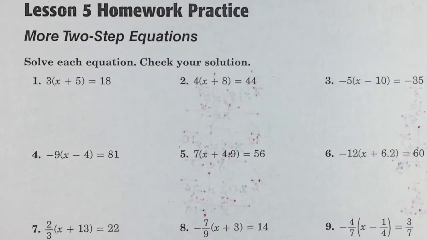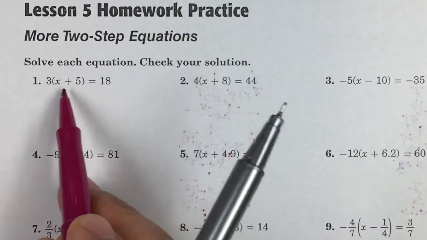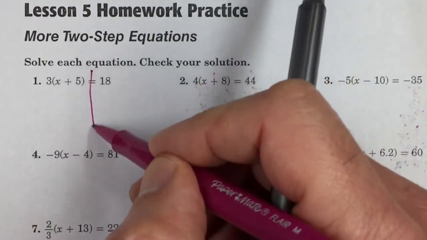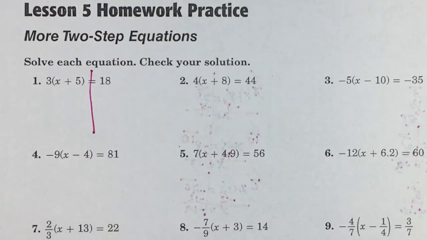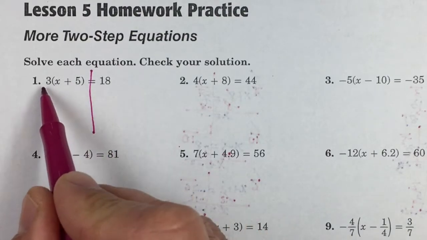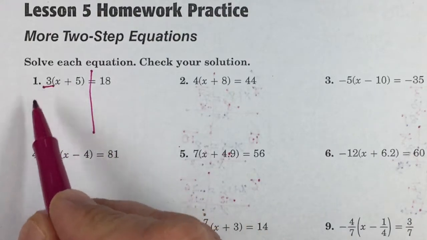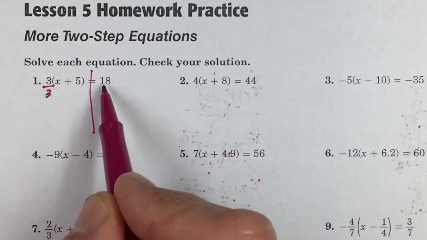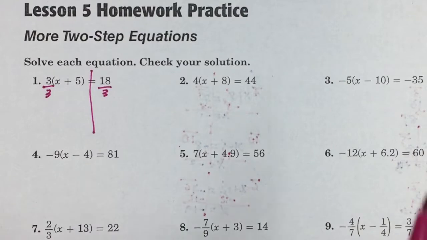On page 95, solve each equation, check your solution. I have this one, 3 times a parenthesis, x plus 5 equals 18. So I have to get rid of the 3 first. How do I do that? Since the 3 is multiplying the parenthesis, I'm going to do the opposite operation to undo the multiplication. That means divide by 3 both sides.